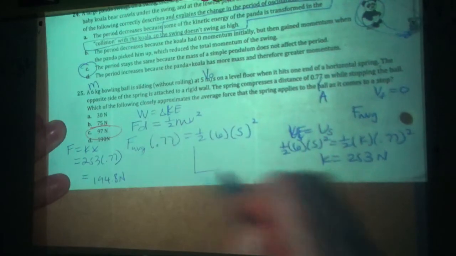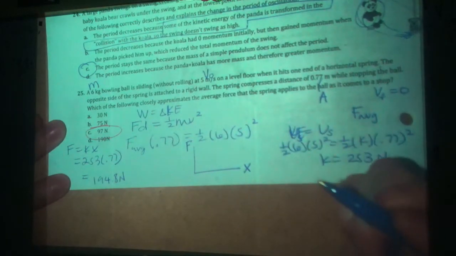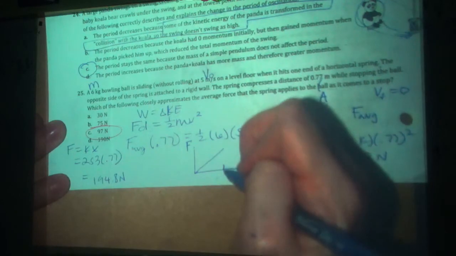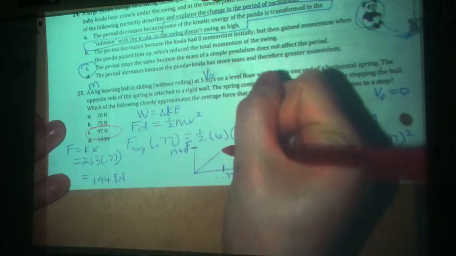If you were to draw a graph, with force and displacement x, at first it's not displaced at all, and then it increases until it reaches 0.77 when it has the 194.8 newton force. So the average force is somewhere in the middle. This is going up at a constant rate, which it would because it's just kx.